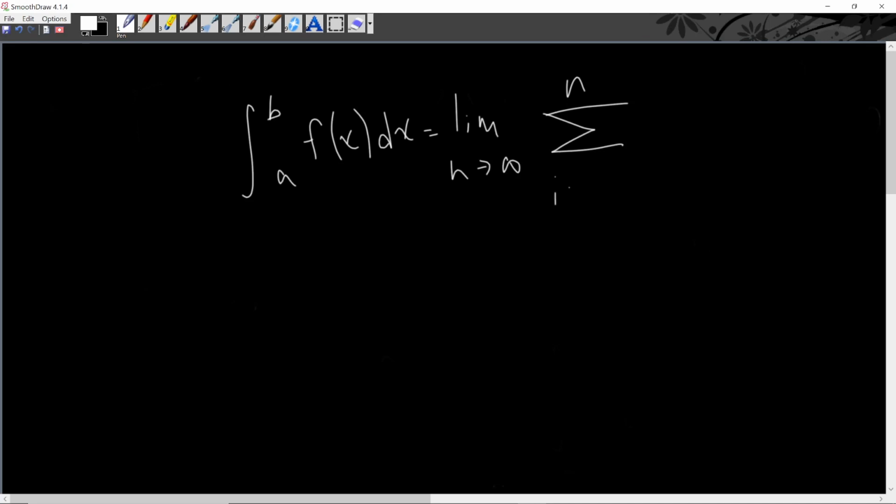when i equals 1, and then this is f of xi times the change in x. Alright?